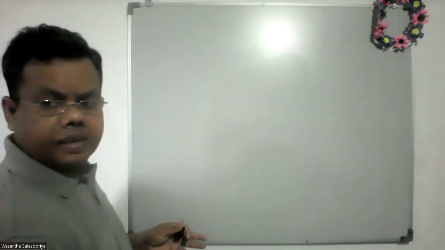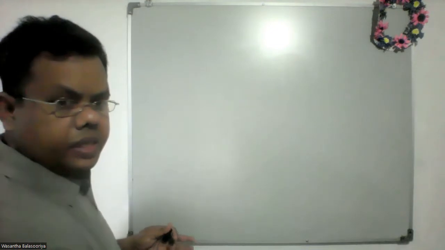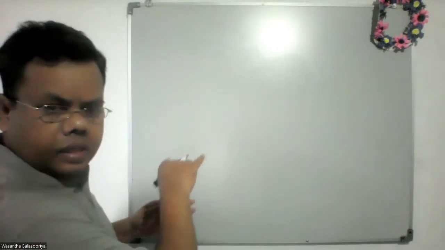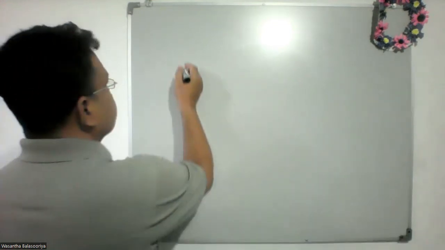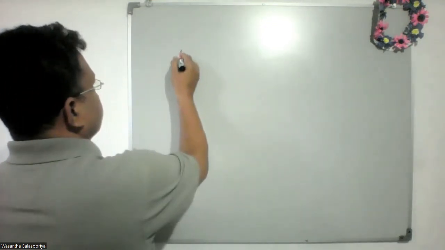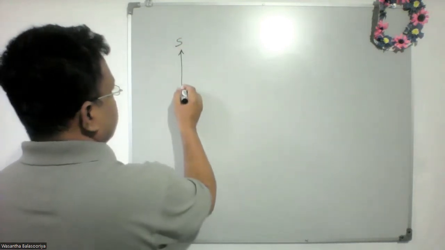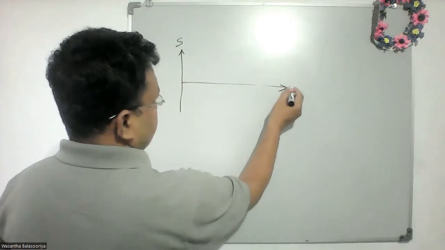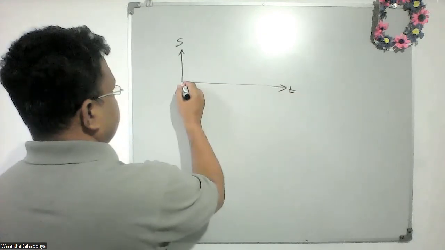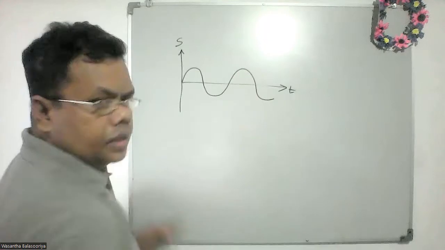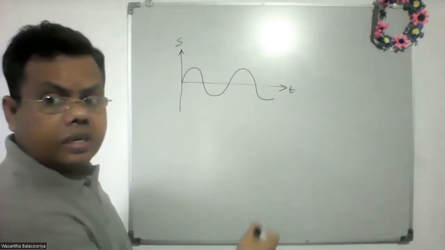The displacement time graph of a simple harmonic motion always has a variation like this, which is a sinusoidal form.